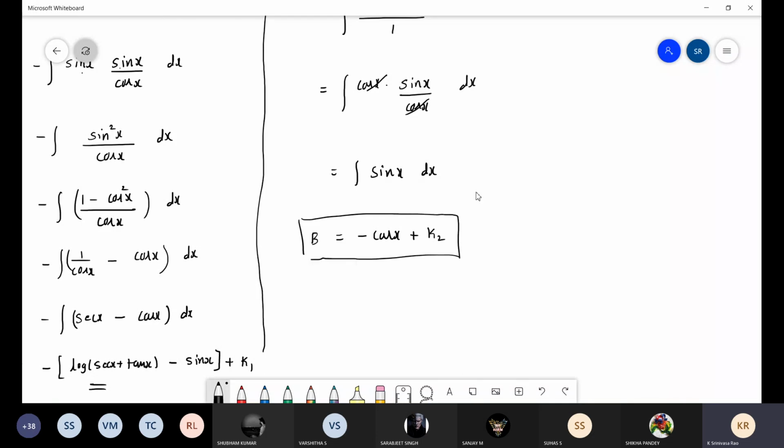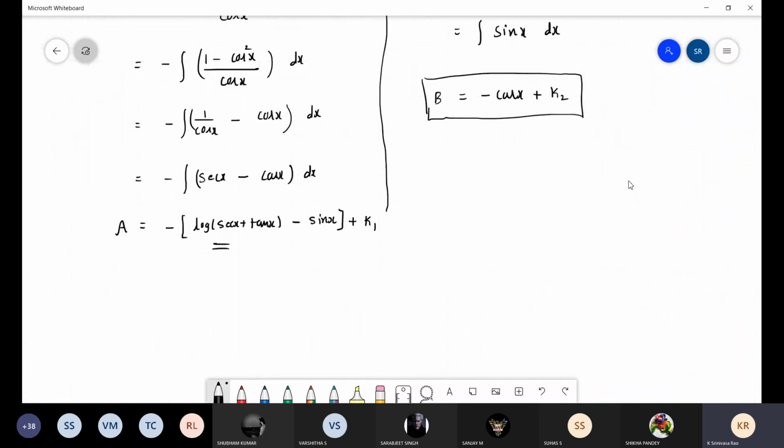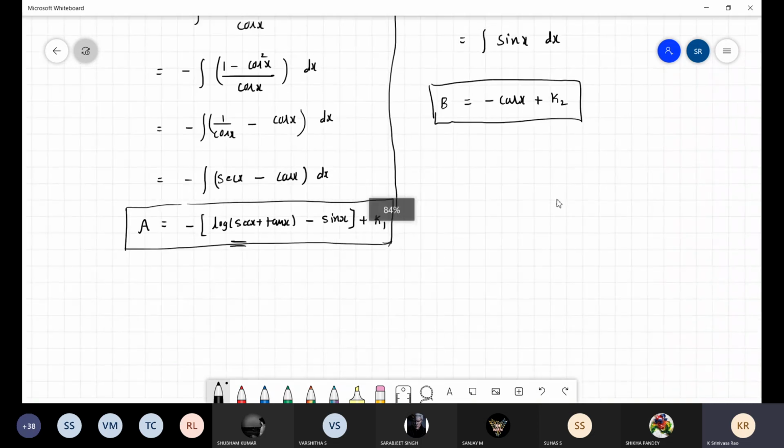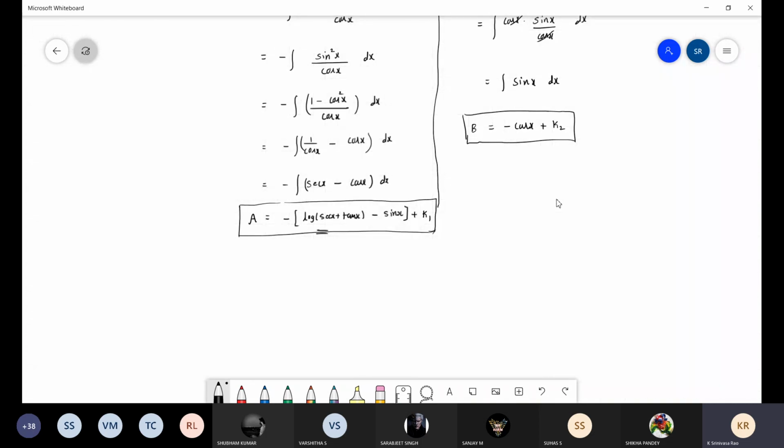This is B. These are just highlighted, and A also I have to highlight. We will expect the same in the internal exam and everywhere. So now this is A and B. Therefore, y equals A into u plus B into v. Just write this one.